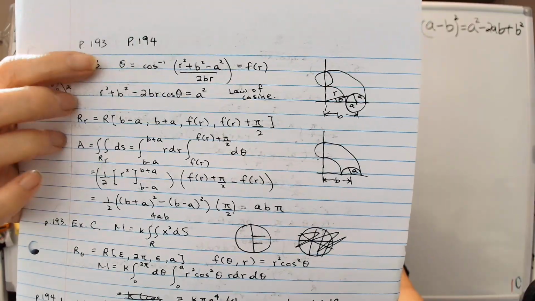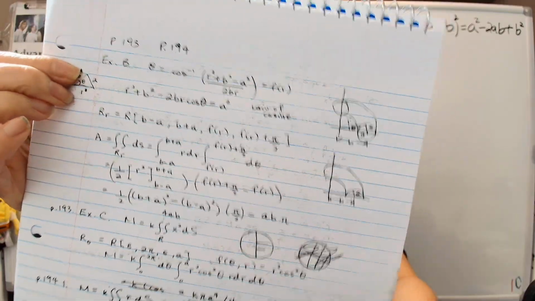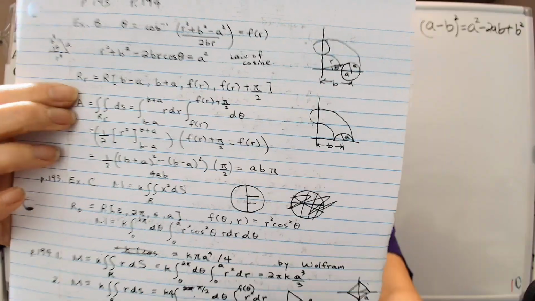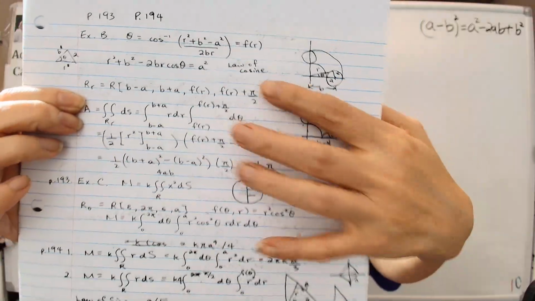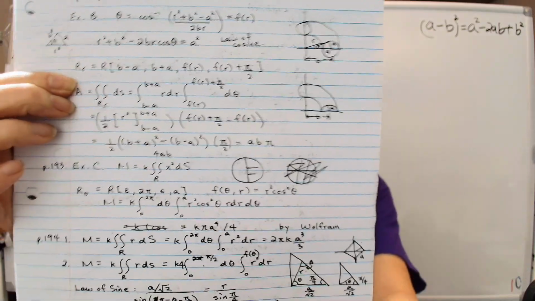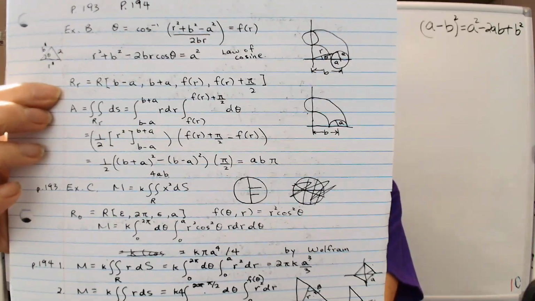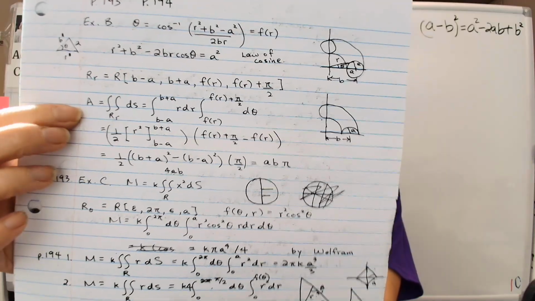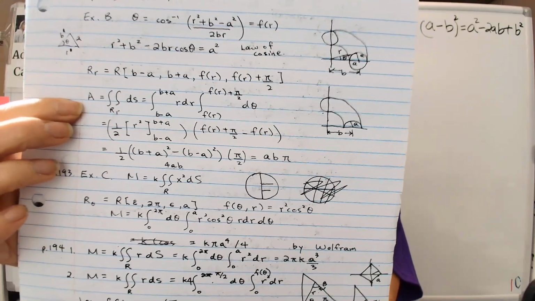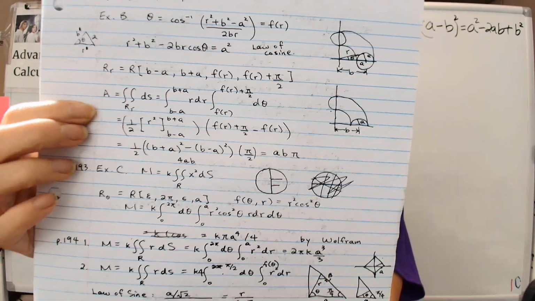So theta equal to a function of r is the description of that curve. That is f of r, that complicated equation. But it's already given to you for a reason: we won't really need it, so they gave it to us freely. We won't use it anyway.